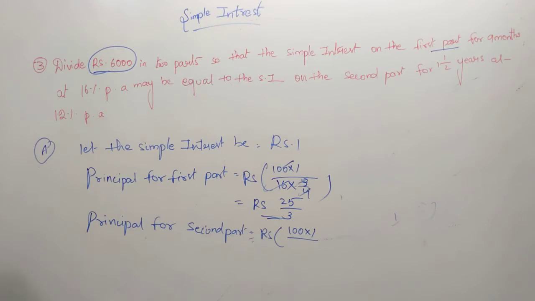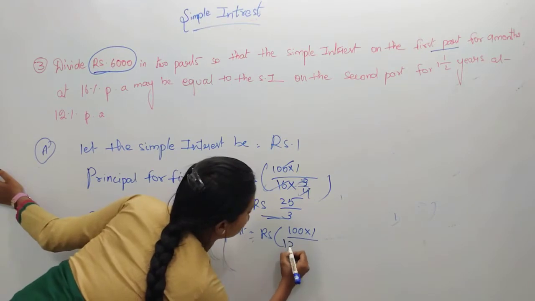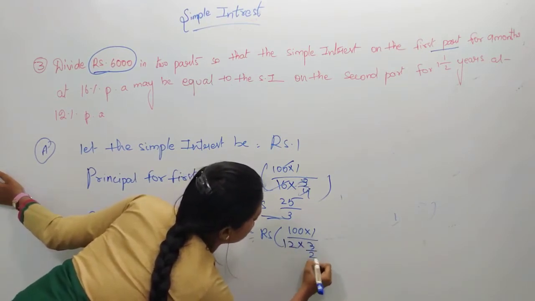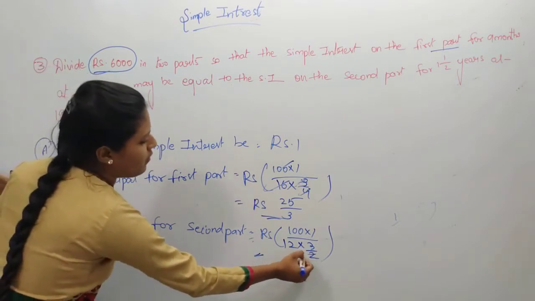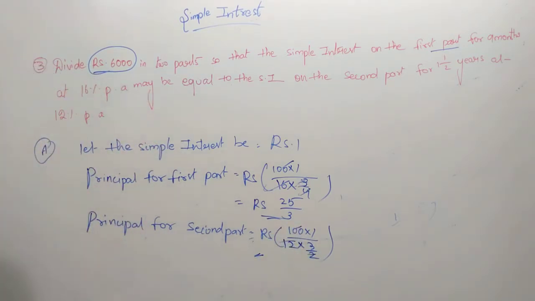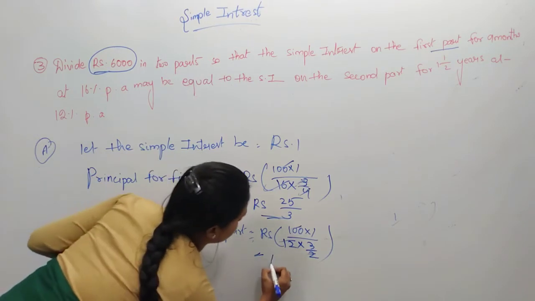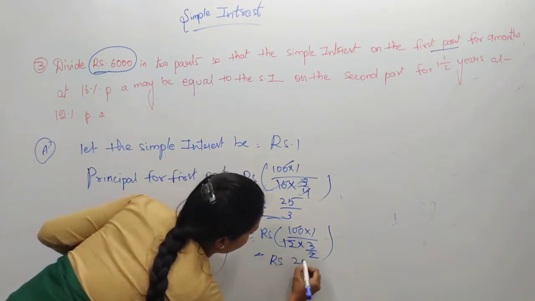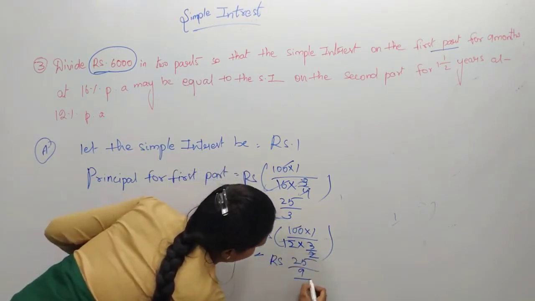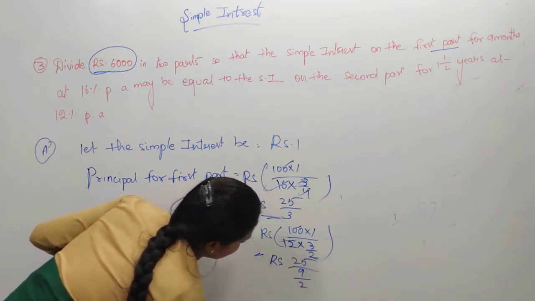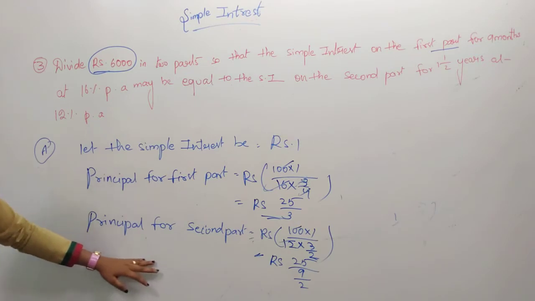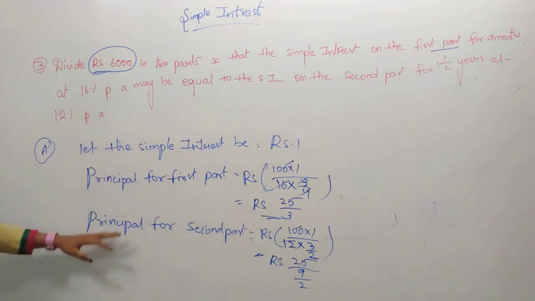And how much time here? 1.5 years, which means 12 into 3 by 2, since half a year means 3 by 2. Then by doing cancellation, what answer do we get? Rupees 25 by 9 by 2. This is the second part for 1.5 years.